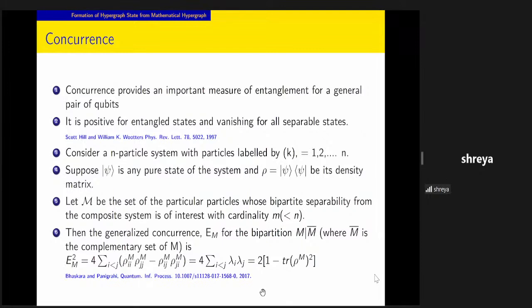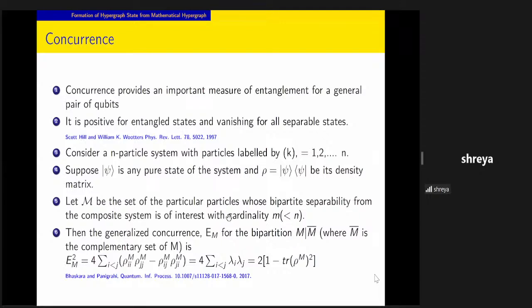And if we consider the m particles whose bipartite separability we want to discuss, m should be less than n, that is the total number of particles.